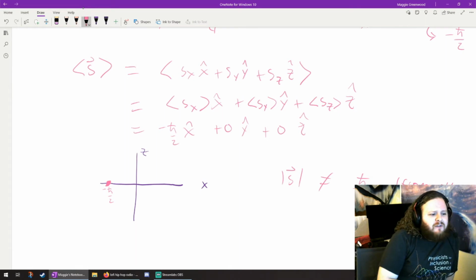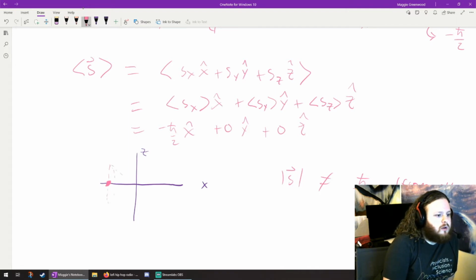So what kind of a thing is this then? Well, it turns out that what you get is a cone. You know that this vector lies somewhere on the surface of this conic area. This is the cone surface here.